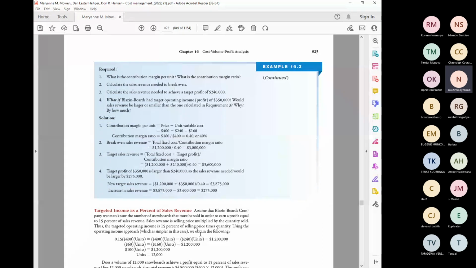Required: 1, what is the contribution margin per unit? 2, what is the contribution margin ratio? 3, calculate the sales revenue needed to break even. 4, calculate the sales revenue needed to achieve a target profit of 240,000. 5, what if Blazin Boards had a target operating income, that is, a profit of 350,000?